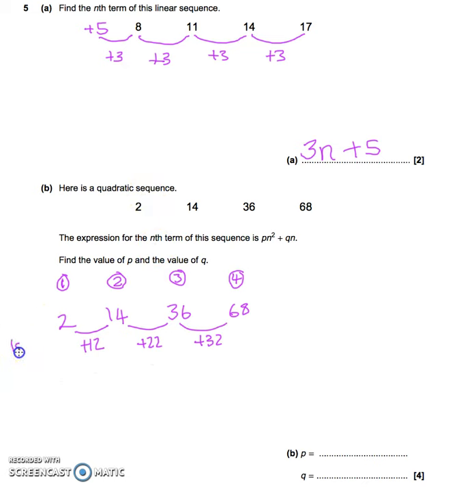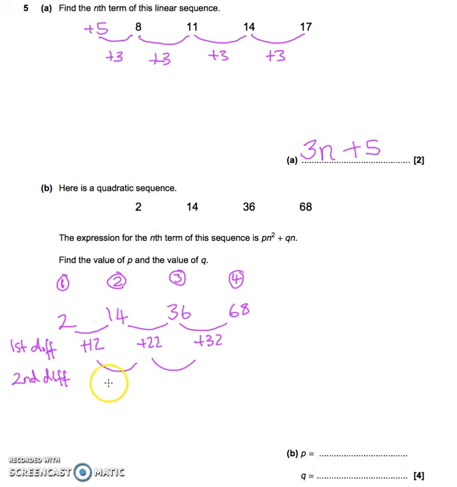We'd refer to this as the first difference. So when we've got a quadratic sequence, we have to look for the second difference. The second difference is the one that's going to be the same each time.